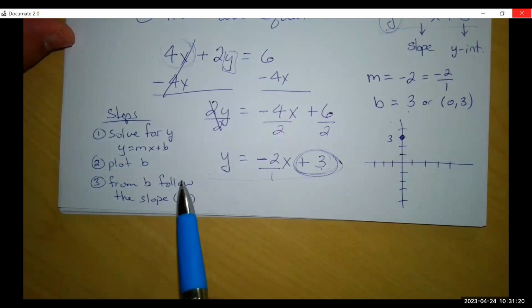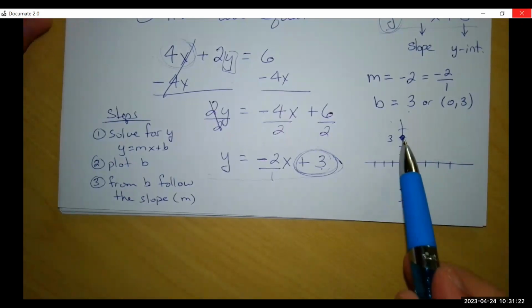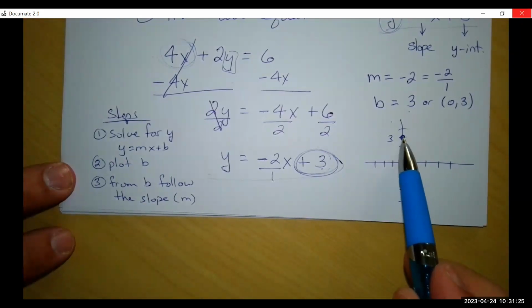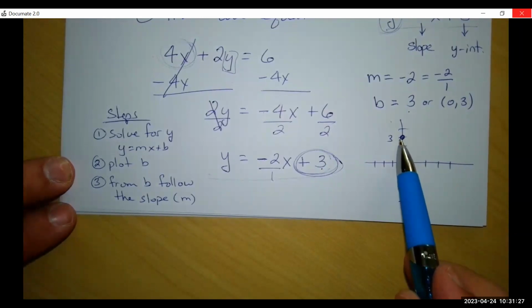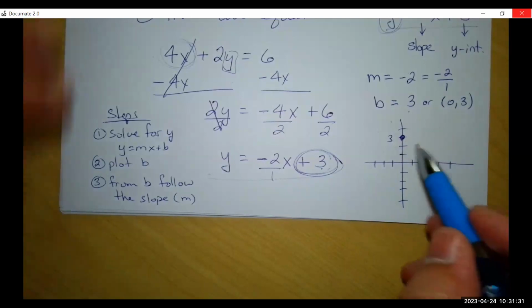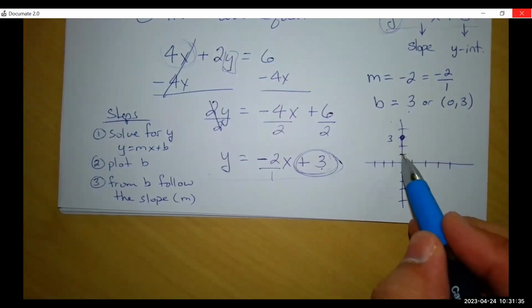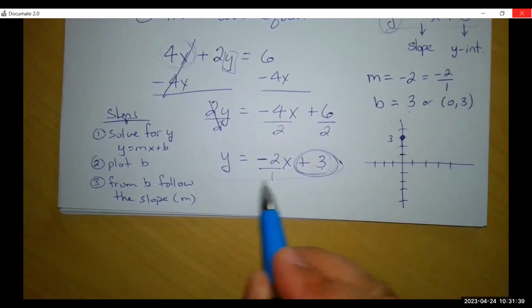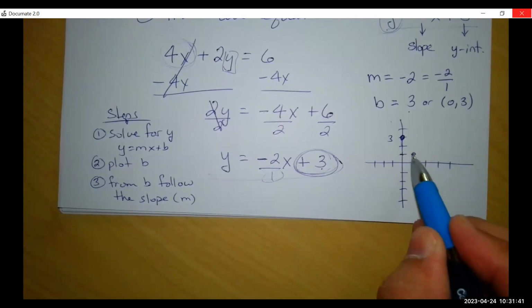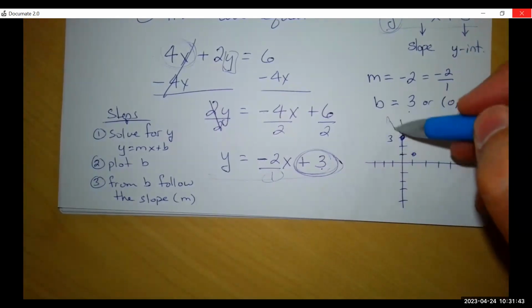From the b value, follow the slope. So what do I do? What's the slope tell me to do from this point? How many spaces? Go down 2, very good. 1, 2, and then over what? 1, because it's over 1. There's your second dot. Connect the dots, and you're done.